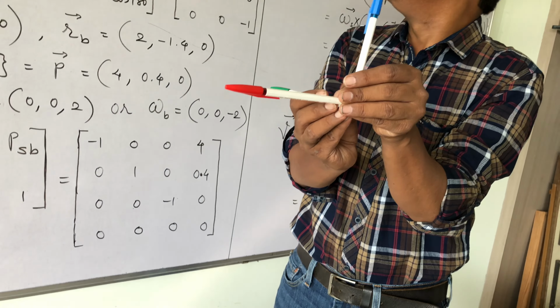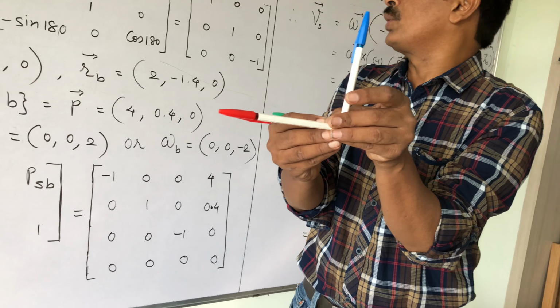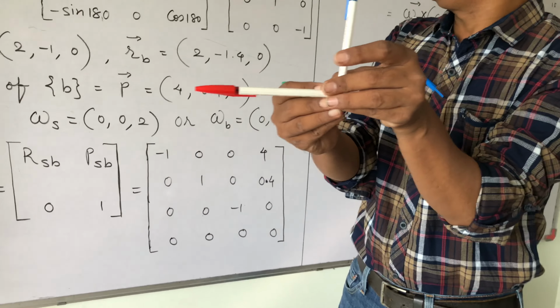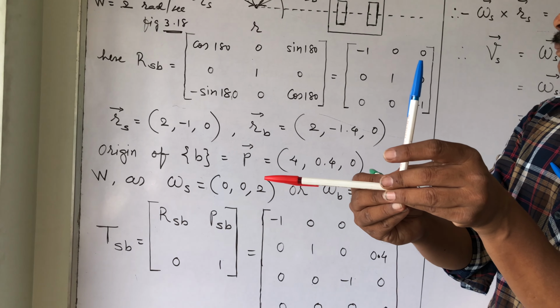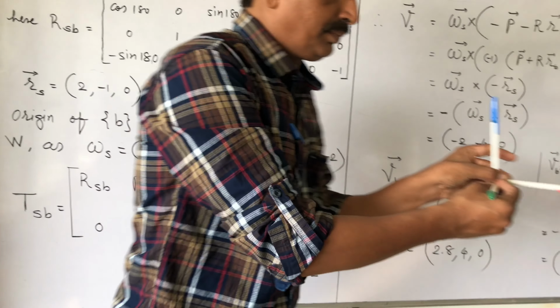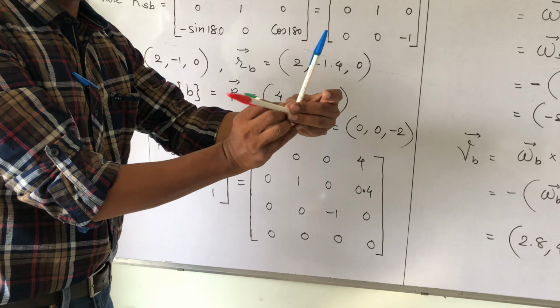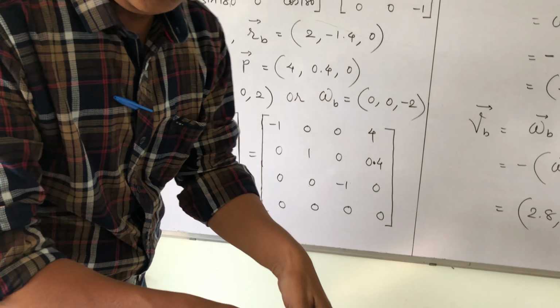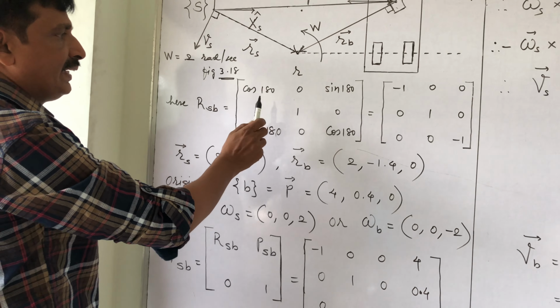This is the body frame. This one is X, this one is Y, and z-axis is going into the plane of board. So we have rotation of 180 degrees about the y-axis. So the rotation is 180.